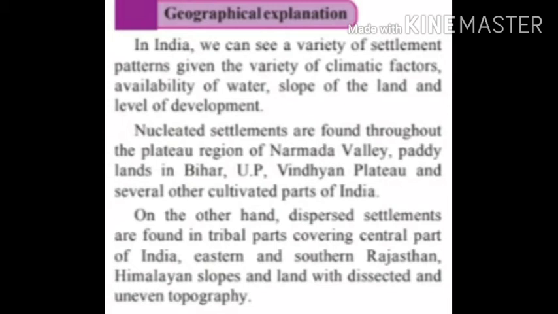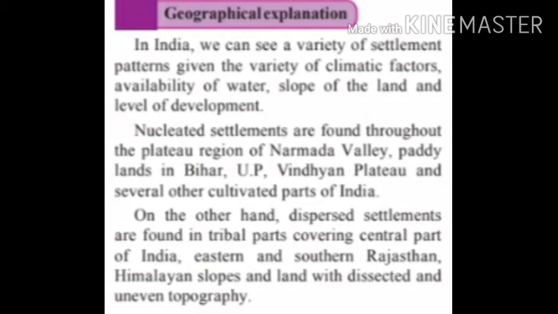In India, compared to urban settlements, rural settlements are found in greater numbers. Because India is an agricultural country, most of the people are engaged in primary occupation, in agriculture. Therefore, in rural areas, a greater number of people is found.